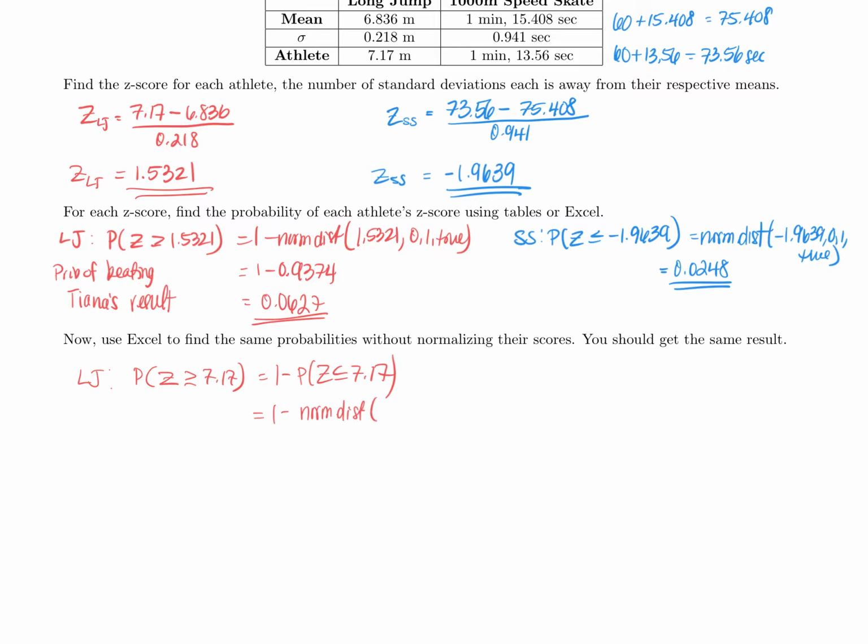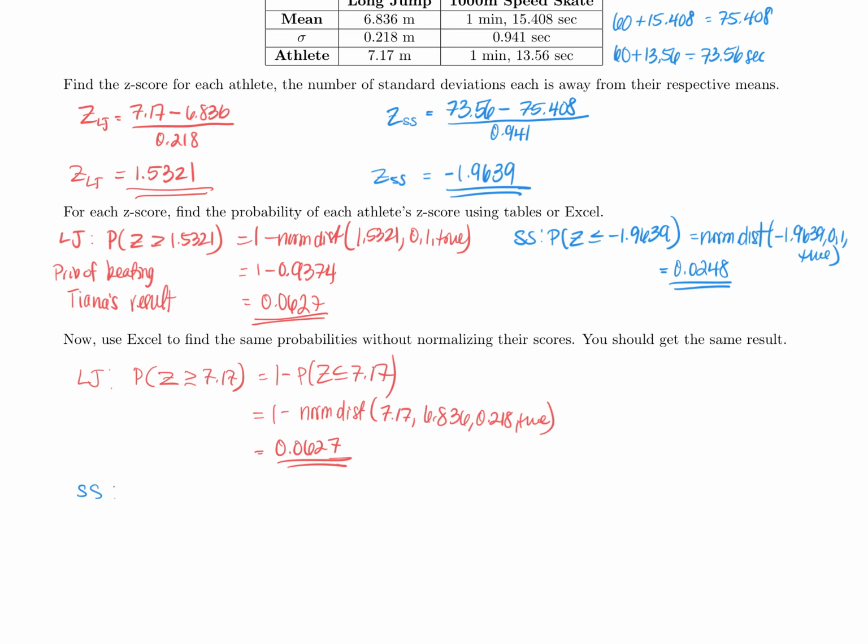Now, instead of putting in the z-score, we put in 7.17, where our mean was 6.836 and our standard deviation was 0.218, and we still want true. And we end up with 0.0627.